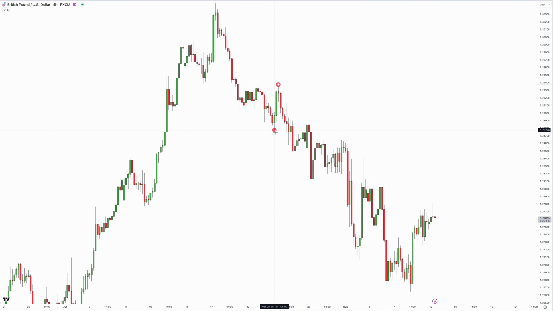Every time it breaks that low, we have a new lower low, and then we have a new lower high, a new lower low, a new lower high, a new lower low, new lower high, and so on.